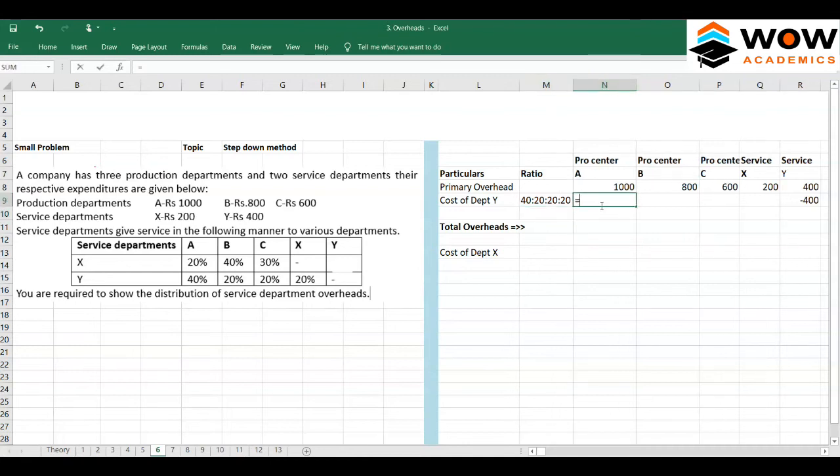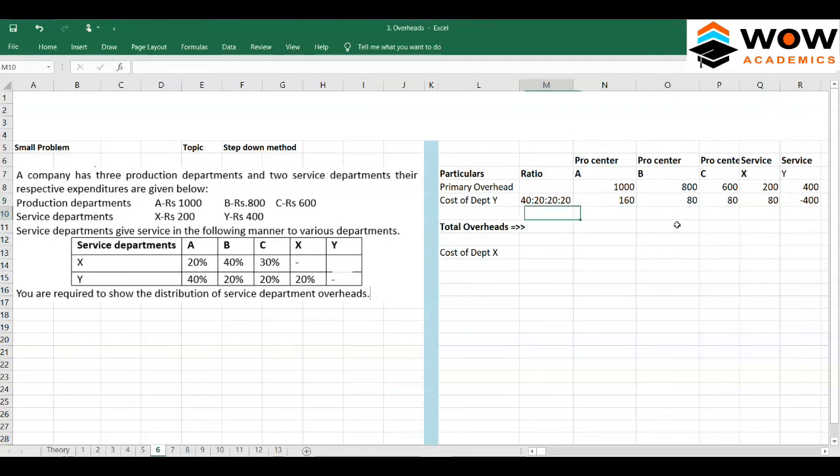So 400, we need 40%, 40 divided by the total number. So the total comes to 100, and now we will multiply it. So for B it is 20, for C and X it is 80.